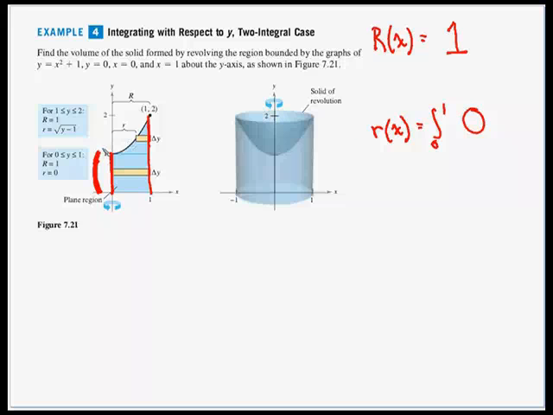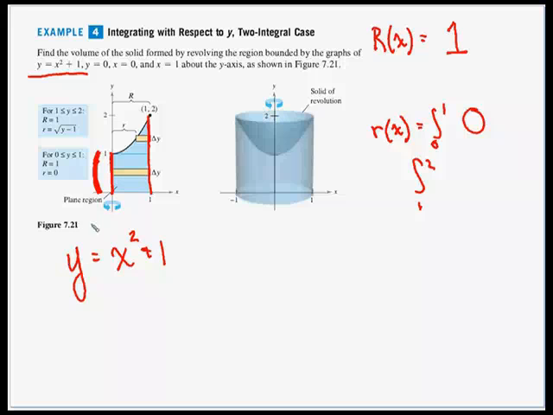But look what happens when we integrate here between 1 and 2. Now the bottom of this representative rectangle is touching this piece of the parabolic curve. So from 1 to 2, we're going to have a different lower radii. And what is that radii going to be? Well, our given function was y equals x squared plus 1. But we are integrating with respect to y.